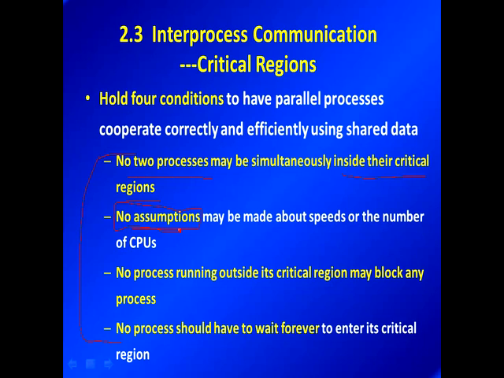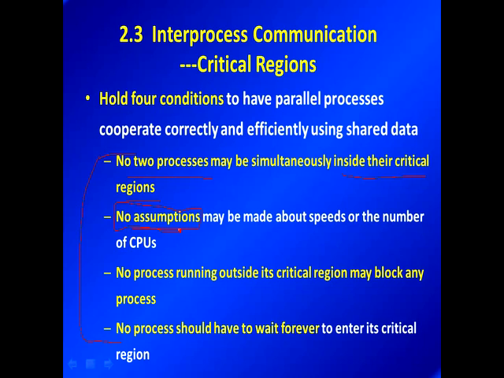of synchronization or mutual exclusion. There are no assumptions about the number of CPUs. Also, there are no assumptions about the speed. The speed means maybe you can assume that the speed is very fast for a process to run all the instructions in the critical region.